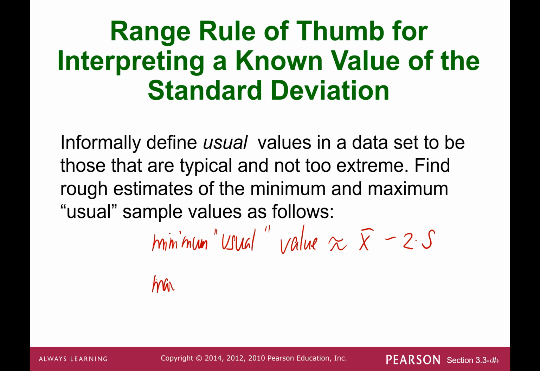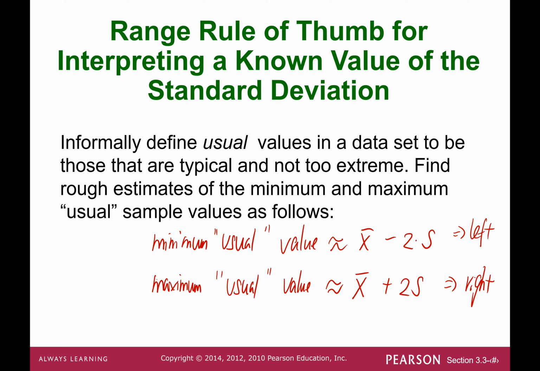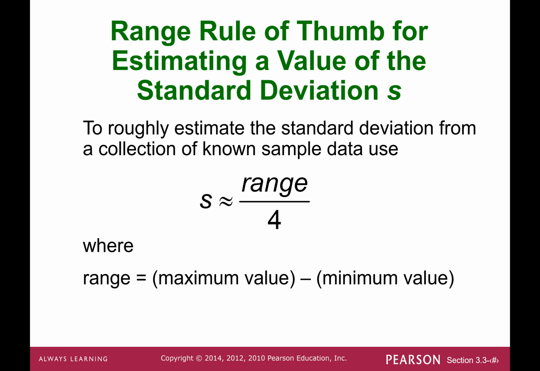A maximum usual value is approximately the sample mean plus 2 standard deviations. So this is 2 standard deviations on the left and 2 standard deviations on the right. If you know the sample mean, you could easily calculate the sample standard deviation using the formulas we just showed earlier.